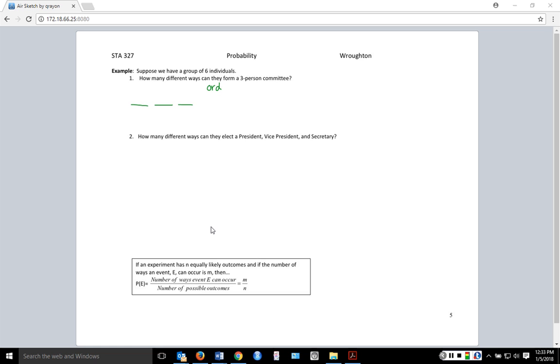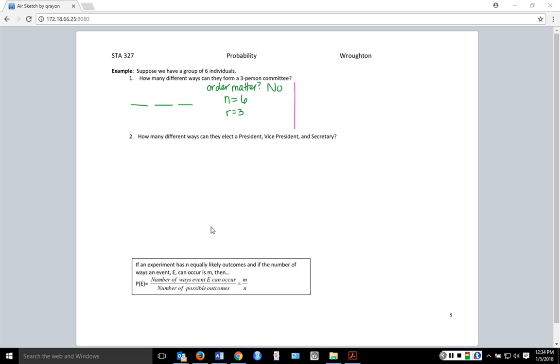So does order matter? Nope. I mean, if I'm on the committee, I'm on the committee. And I would need to know what my n is, my total number of people that I have, what my r is, and how many I'm choosing, which is 3. So all of this would lead me to a combination.